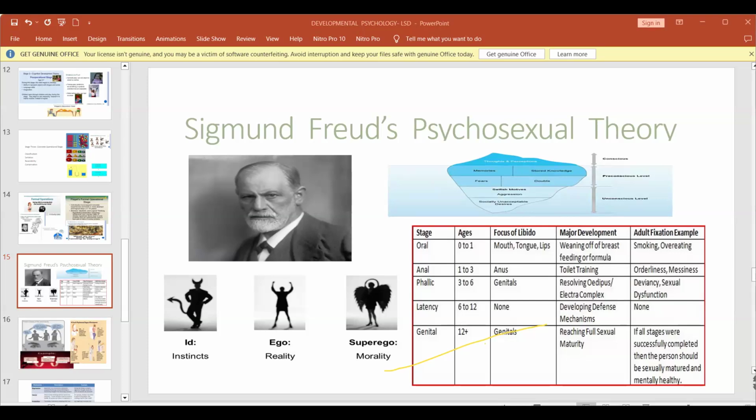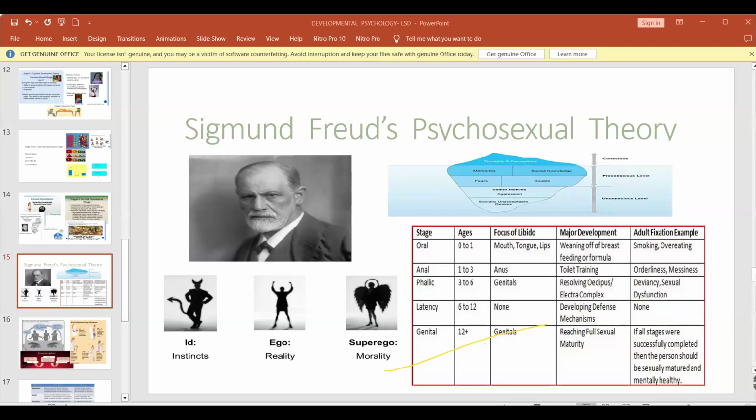Ego balances it out. The id says you have desires, you have to fulfill this. The superego says, no, it's wrong. That is not right. You have to get married and then only can you fulfill them. So ego says, wait until you get married and then fulfill. Superego says, no, it's not right to do, moralistic.